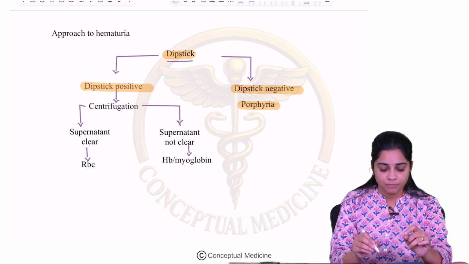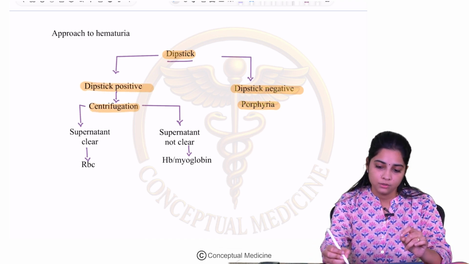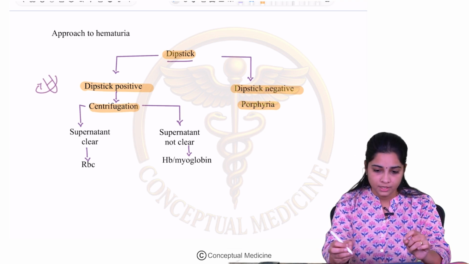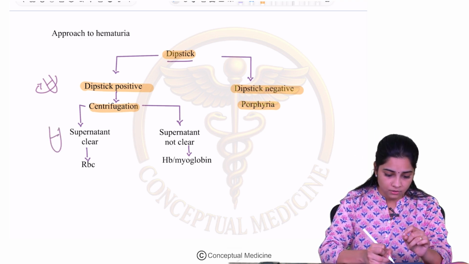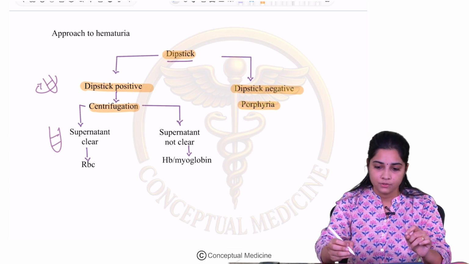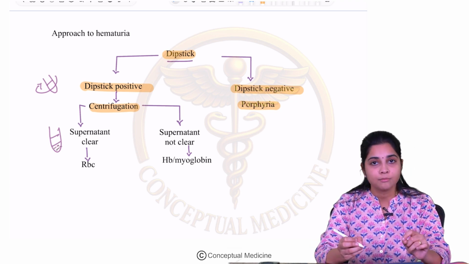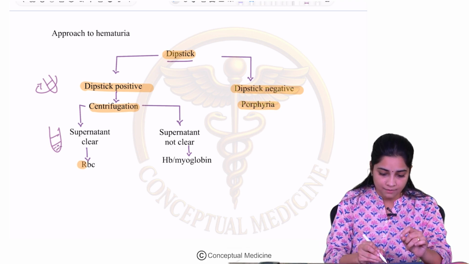If the dipstick is positive, then you subject the urine sample to centrifugation. Then what you obtain is your supernatant. So if the supernatant is clear, that means what? The RBCs are present and the RBCs have settled down.